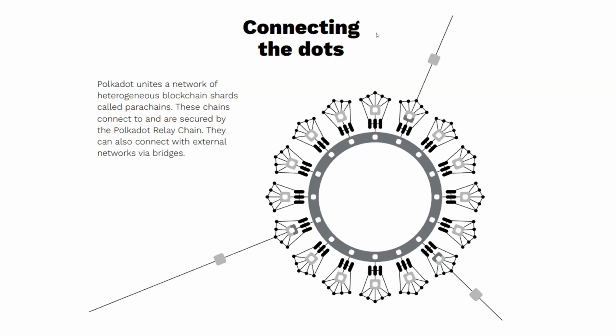Now layer 0, we already explained to you that layer 0 blockchains are kind of an infrastructure layer which provides an ability to different layer 1s to interact with each other. Now, don't get confused with bridges and all that.